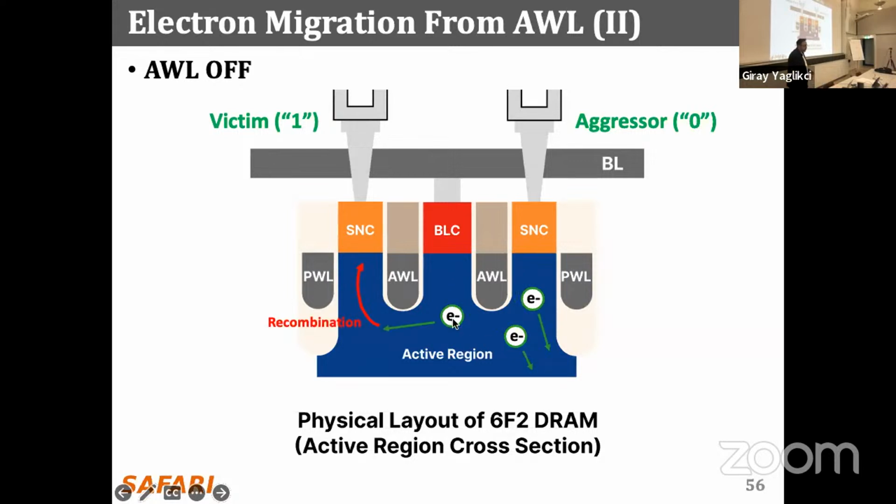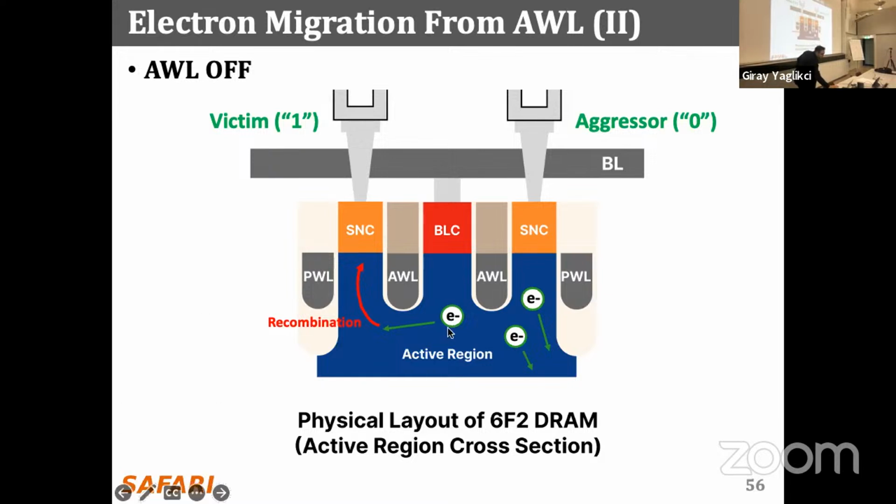Once you close the row, these electrons are released. They were part of the channel here, and now you no longer attract them by putting a high voltage on this aggressor row. As a result, these electrons just go wherever they are attracted to.